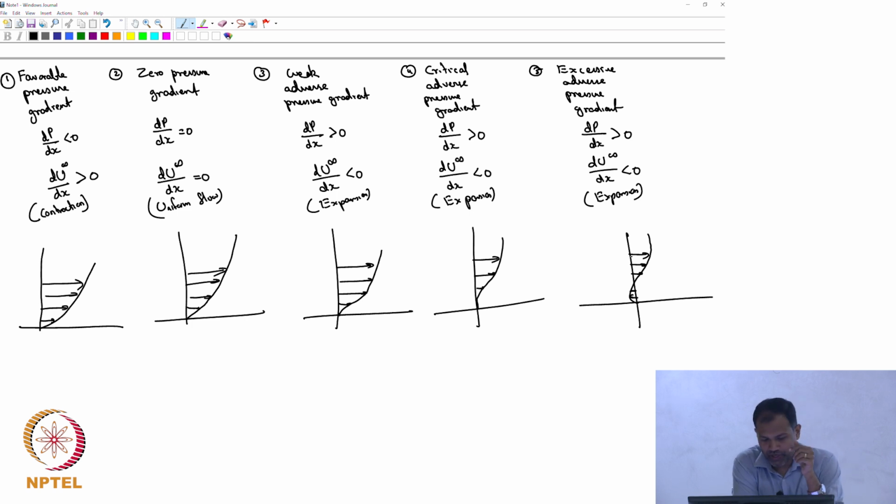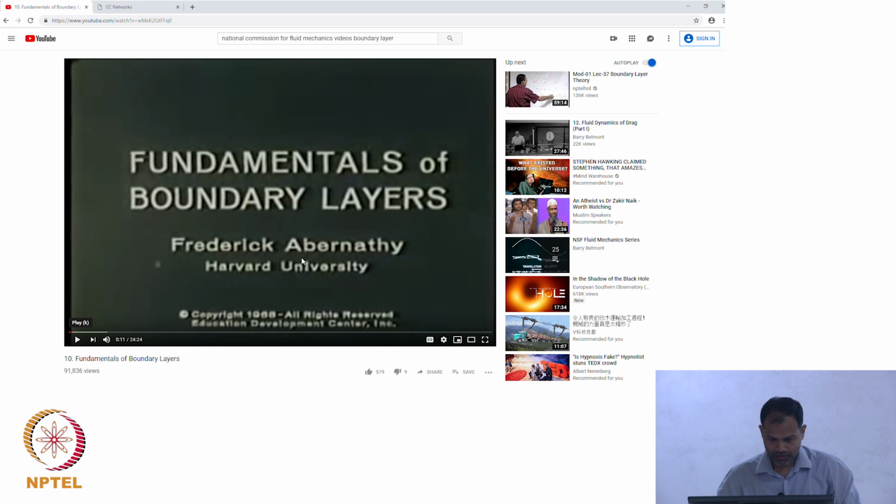So what I'm going to do today is I'm just going to show you how you see these things in the experiments. They are going to look at contracting, expanding as well as uniform flow, and to see the flow they have put hydrogen bubbles into the fluid flow.